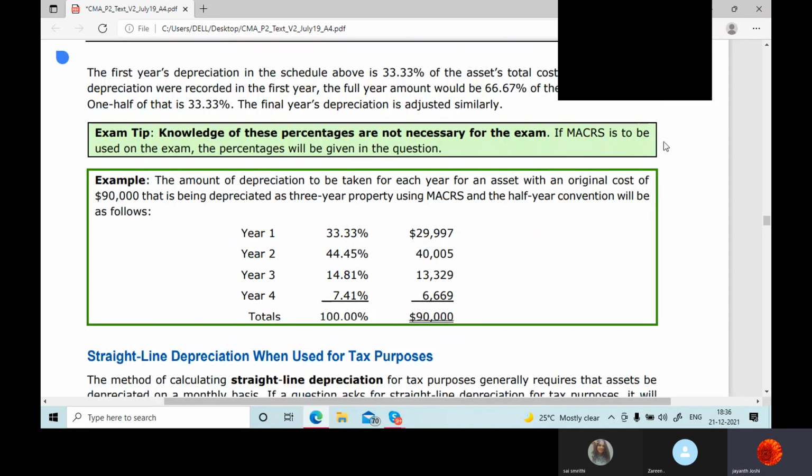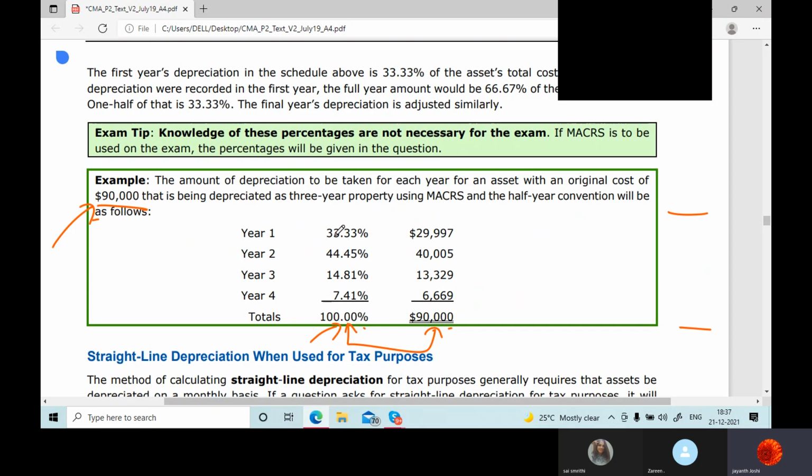This was for 3 years. If it is for 5 years, then first year half, last year half, so 5 would convert into 6. That's it. Now you can see the amount of depreciation to be taken for each year for an asset with an original cost of 90,000. We are depreciating this 90,000 worth of asset. We would depreciate it 100% till its lifetime, but in this manner.